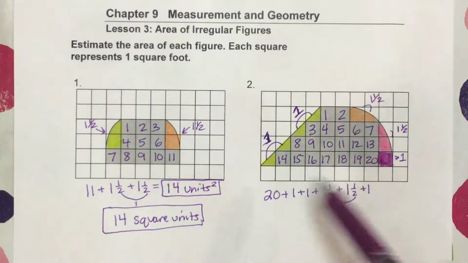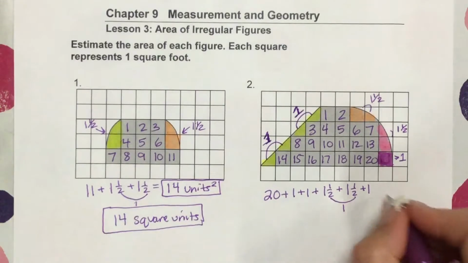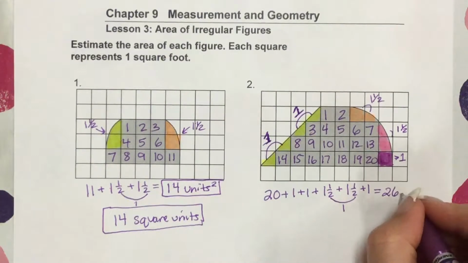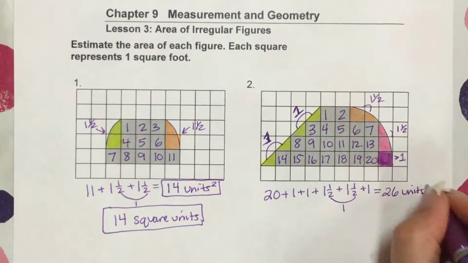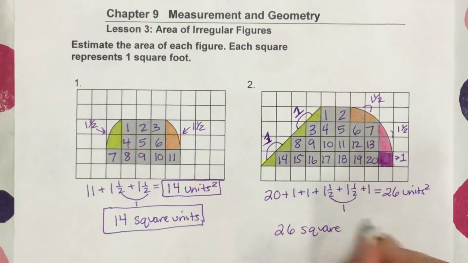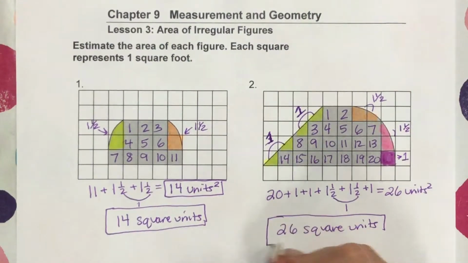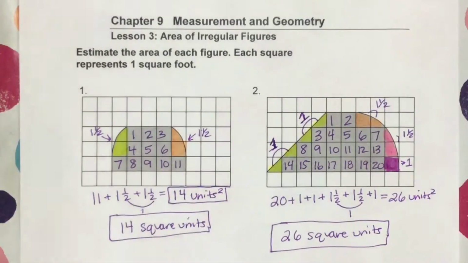And so we can just count. So 20, 21, 22, 23, 24, 25, 26. So it's going to equal 26 units squared, or we could say 26 square units as an approximation. So if you got that one right, great job.